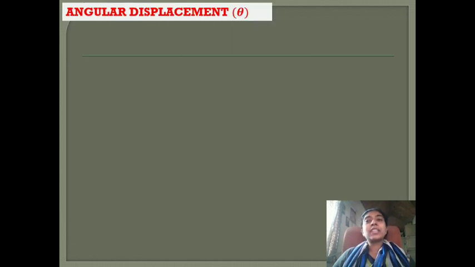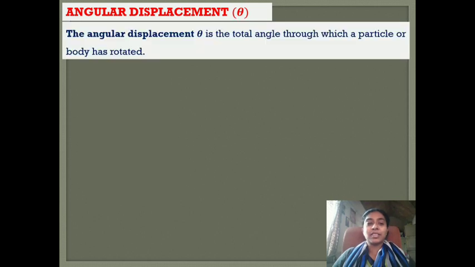So we will see what is angular displacement, angular velocity and angular acceleration. First of all, the angular displacement theta is the total angle through which a particle or body has rotated. That is what we saw in the diagram.